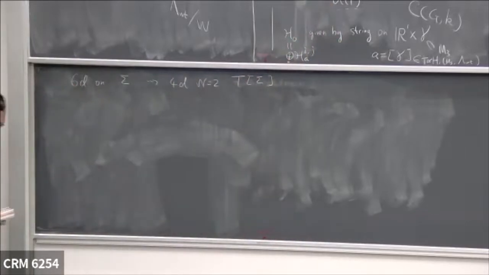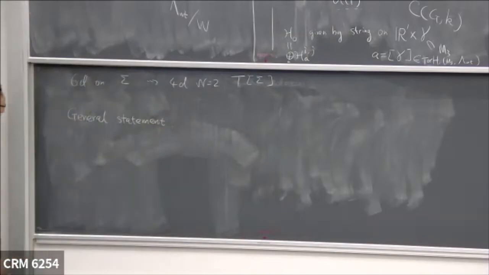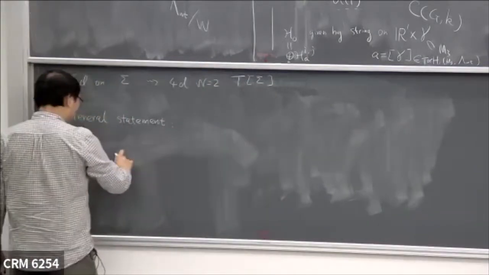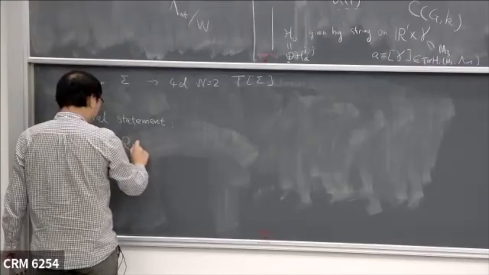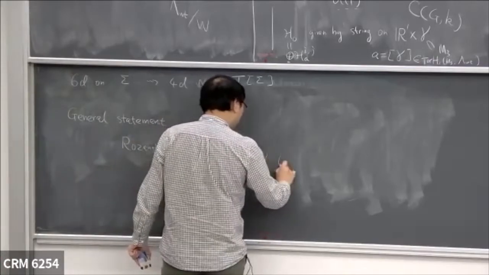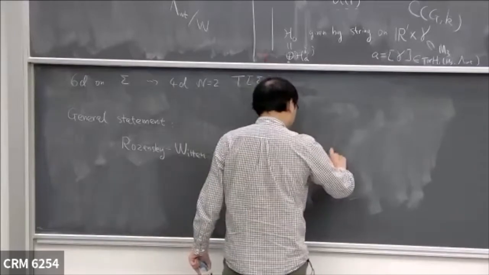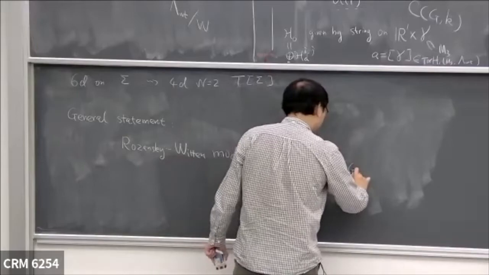So there is a general statement, but I don't know how useful this is. The general statement is that this 3D QFT is a Rozansky-Witten model with target the moduli space of Higgs bundles on sigma.